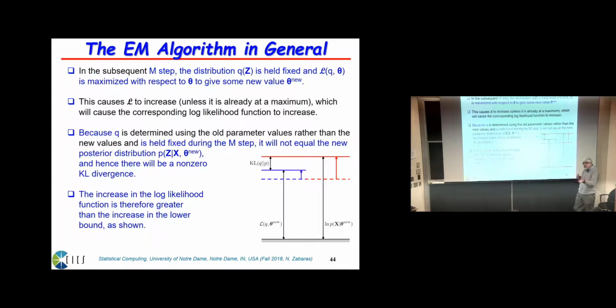Because if we're going to compute new parameters, Q will never match P, because Q is defined with the old parameters. So like it or not, there's going to be a gap. So what is going to happen is the lower bound, when we optimize it with respect to the parameters, will go up, plus this gap, and then it will give me the new log likelihood. So that's the M step.